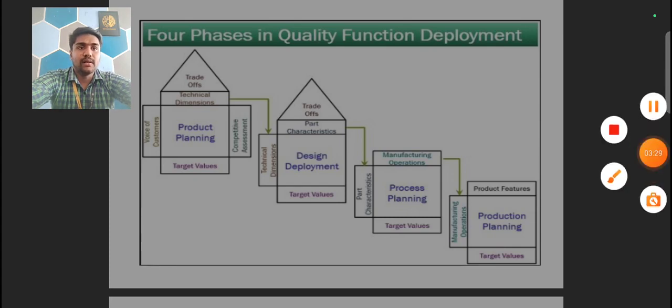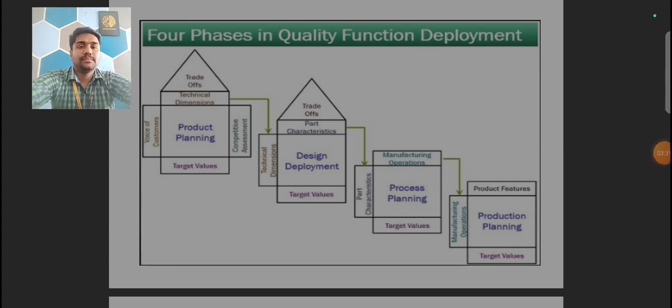The third one is process planning. In process planning, if the product design has been finalized and the product manufacturing process has to be carried out, it has to be concluded in a frequent manner. So the product planning and the design deployment have to be carried out in a practical manner while executing the process planning.